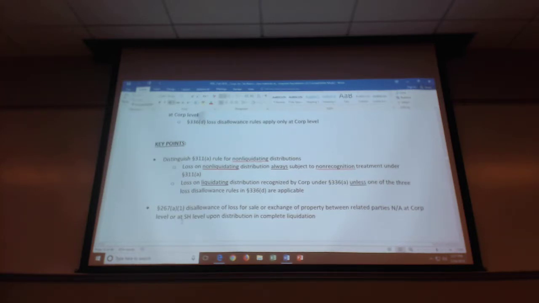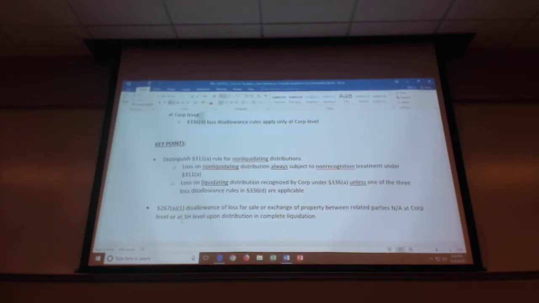As an aside, sort of an advanced point, Section 267 of the code provides that when property is sold or exchanged with a related party, the seller or the transferor is not allowed to recognize the loss. So you might be thinking, well, gee, how can you have a loss under 336A at the corporate level if you had a sole shareholder?